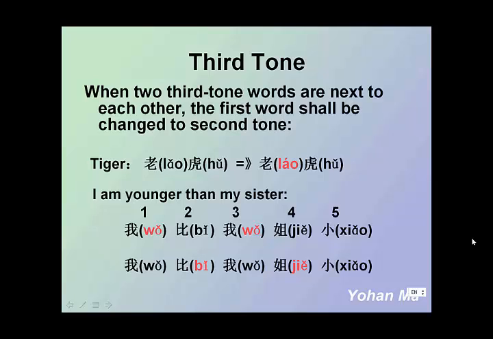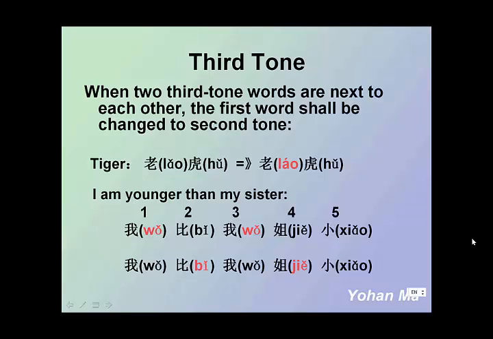In this first line, the third word and the fourth word, my sister, are supposed to be connected together. And there's a tiny little pause between the fourth and the fifth word. With a little pause there, the fifth word will not affect the fourth word changing into a second tone.